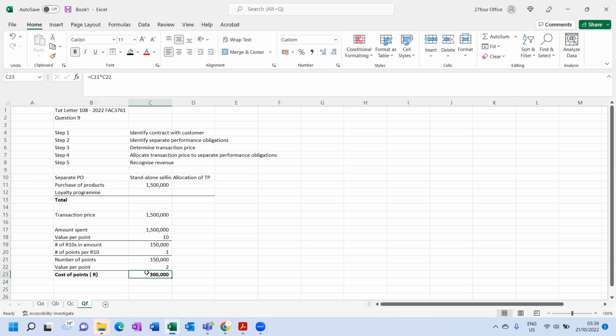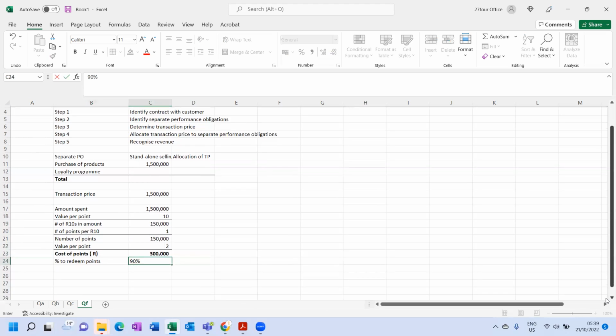It will cost us 300,000 rand if that is the amount we expect to pay out, but we don't expect 100% to redeem. Percentage to redeem: they estimate that only 90% will redeem their points.